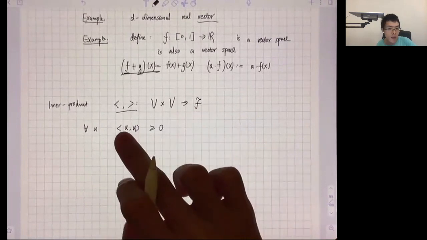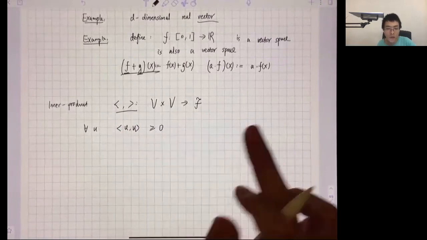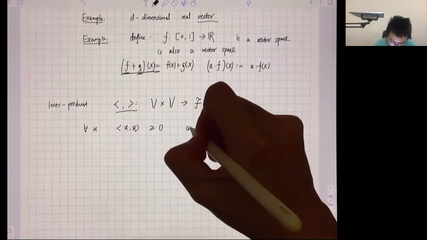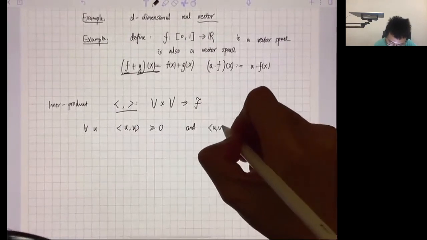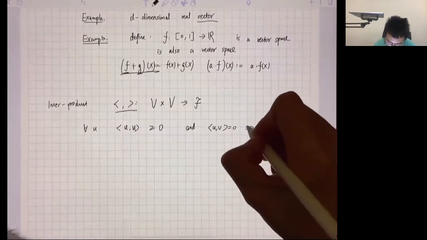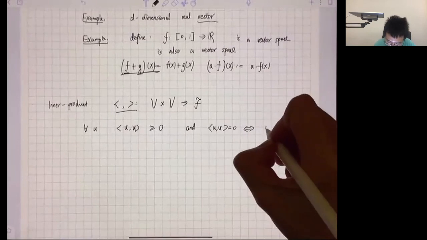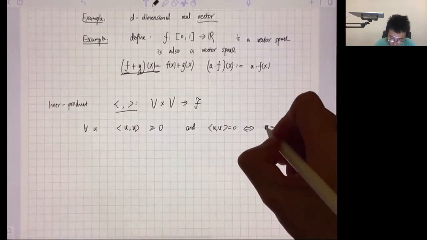But if you have the inner product of a vector with itself, then it has to be a real number and it has to be greater than or equal to 0. And the inner product of u with u is 0 if and only if u is the 0 vector, okay?